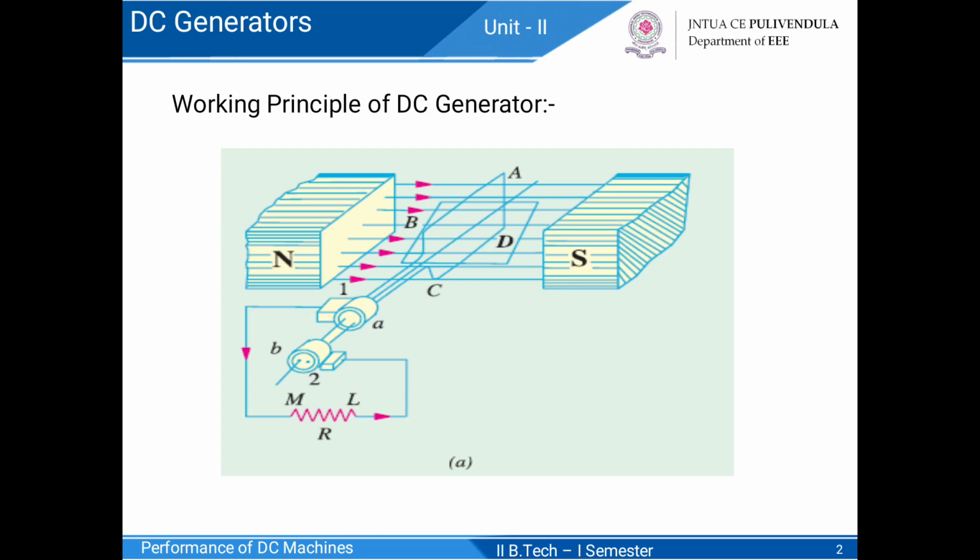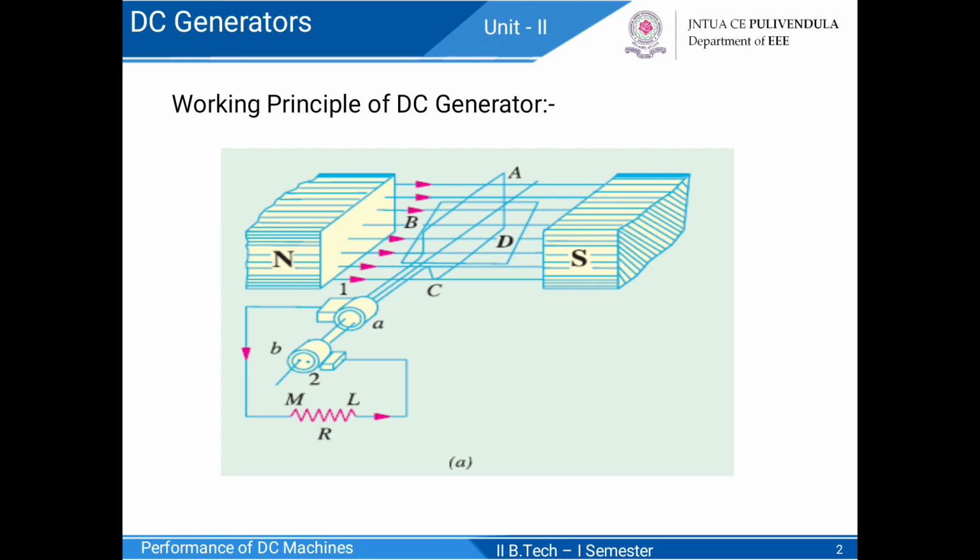Again, we are placing two collecting brushes which are pressed against the slip rings. The function of the brushes is to collect the current induced in the coil and convey it to the external load resistance. So this entire arrangement constitutes a simple loop generator.